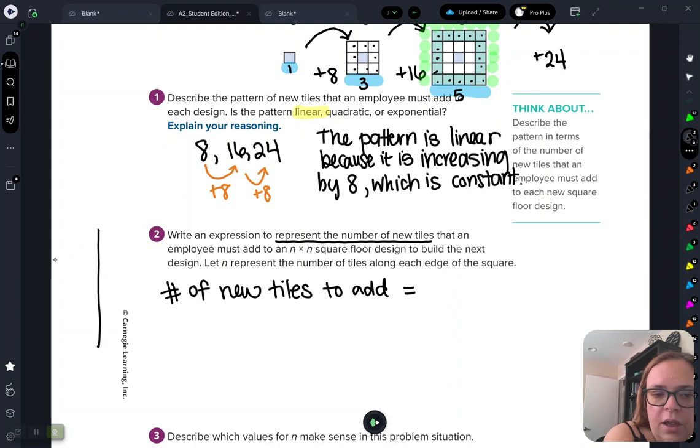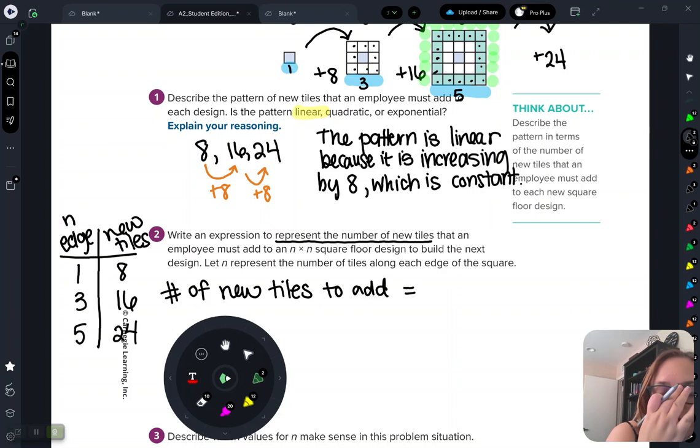So let's say n, just the edge length, and new tiles. Okay, so if we make a table with the edge number and the number of new tiles, you get the edge is 1, we have to add 8. When the edge is 3, we have to add 16. When the edge is 5, we have to add 24.